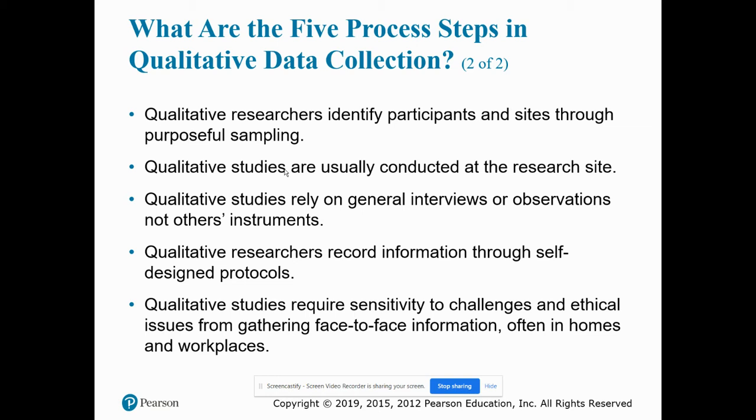Qualitative studies rely on general interviews or observations, not others' instruments, and we just mentioned that. Qualitative researchers record info through self-designed protocols. And lastly, qualitative studies require sensitivity to challenges and ethical issues. So that's something you also have to keep in mind.